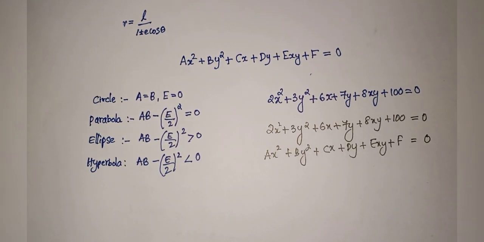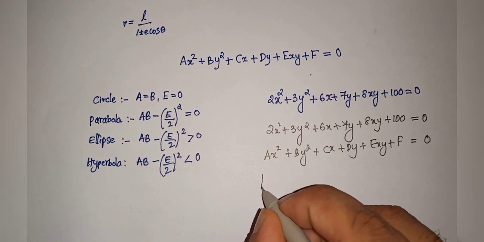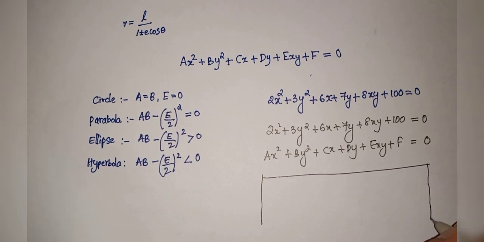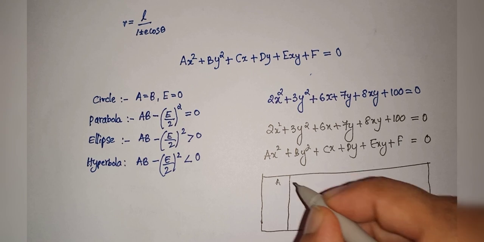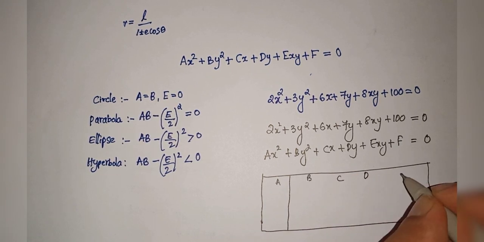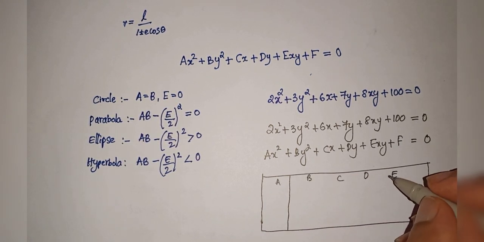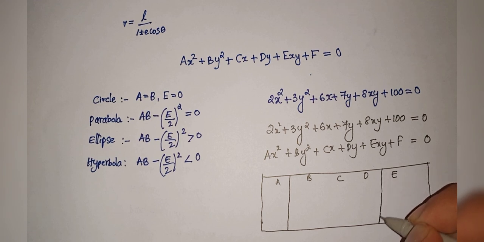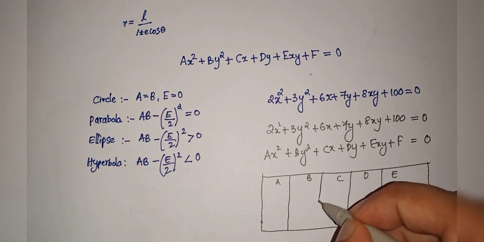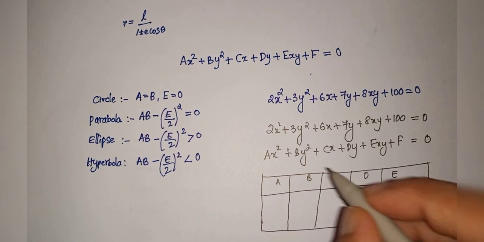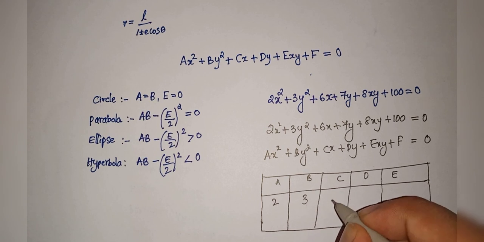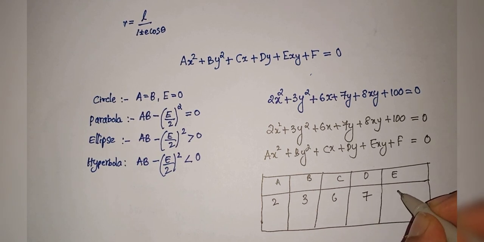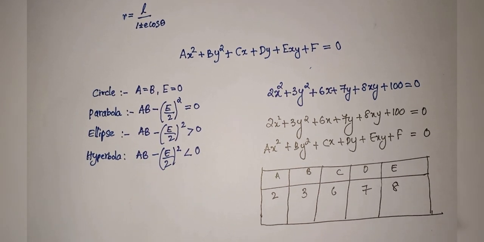To deal with this in a systematic way, you only have to remember A, B, C, D, E. Draw a small table and mark A, B, C, D, up to E, and we stop at E. Now start filling the values: 2 here, 3 here, then 6, 7, and 8. You stop here.